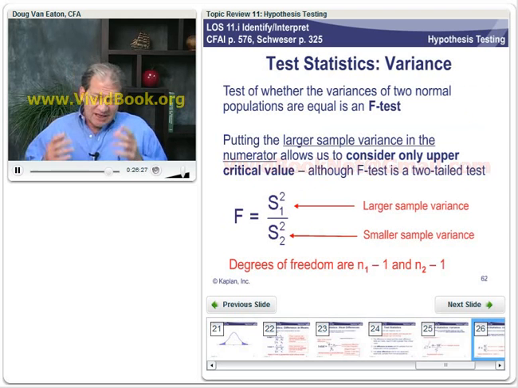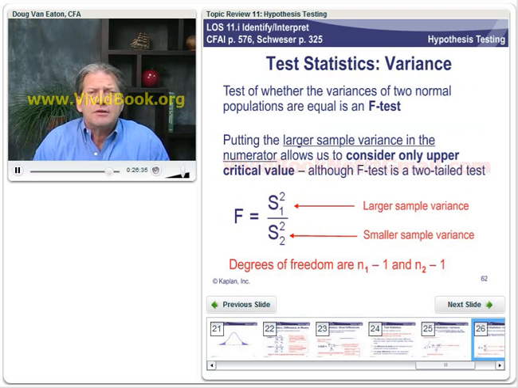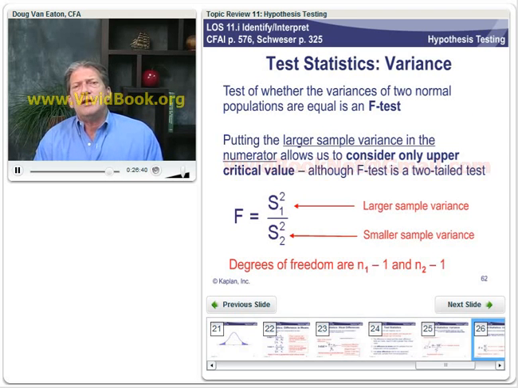But instead of using an F table with positive and negative critical values, we take the larger sample variance and put it in the numerator. Now clearly, if these two are equal, what does this test statistic equal? Well, if both our sample variances are equal, our test statistic is going to equal 1. And we're surely not going to reject when they're equal.